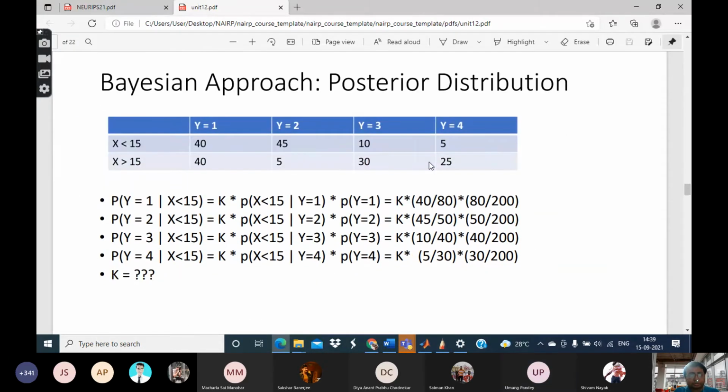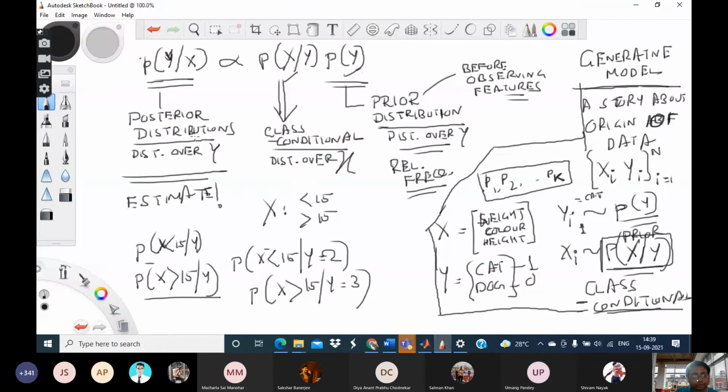So now, once I have done all these things, how does it help me to get the posterior probability? Because that is what I am finally interested in. Suppose I already know the value of x. Suppose I know that the value of x is, in this case, 12. Now the question is, what values can y take?